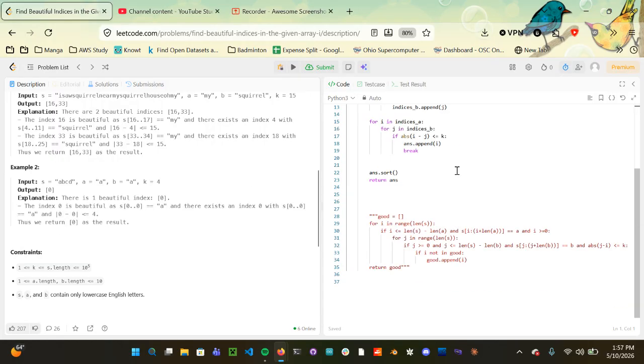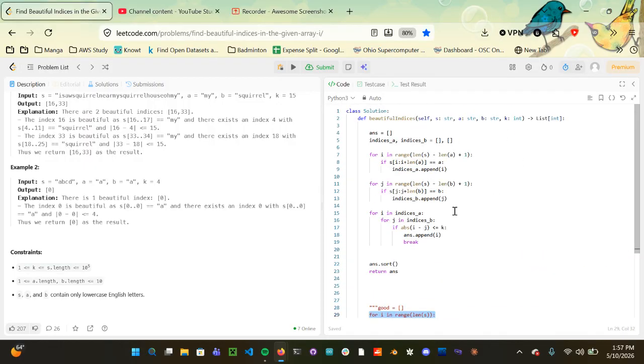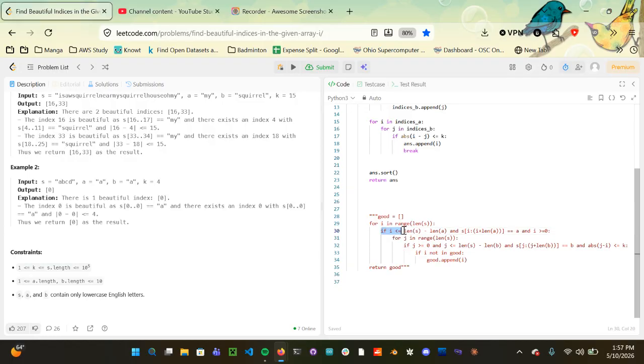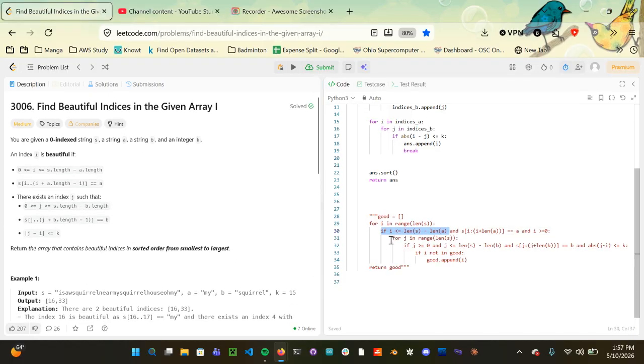Okay. So my initial solution is we have a list called good, and we traverse all of S for the length of the amount of indices. And we check these two conditions here: if I is less than or equal to the length of S minus A, and the substring equals A, and I is greater than or equal to 0, and then we check inside the list for the same condition for B, and if it's not in good, we append it and we return the good.